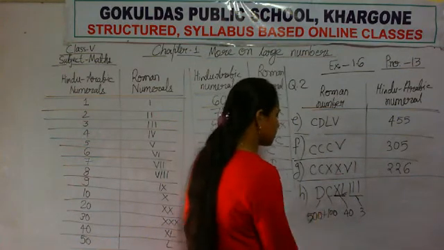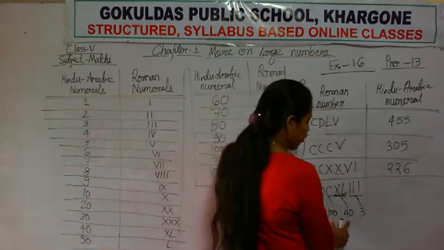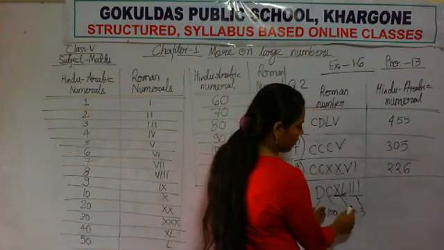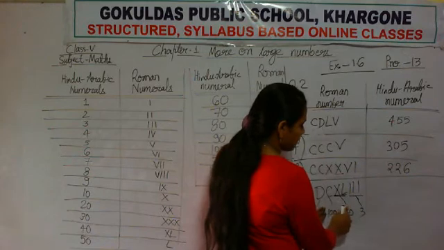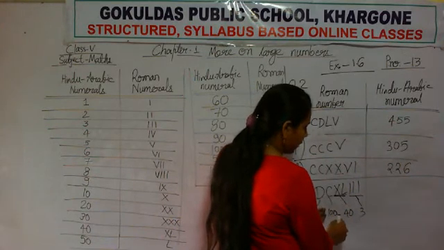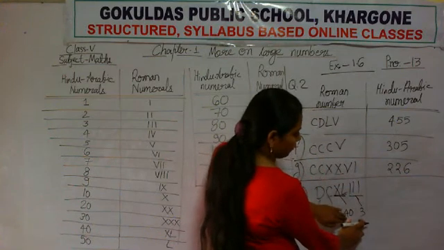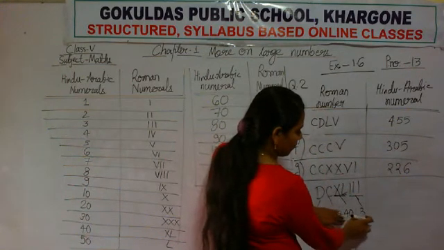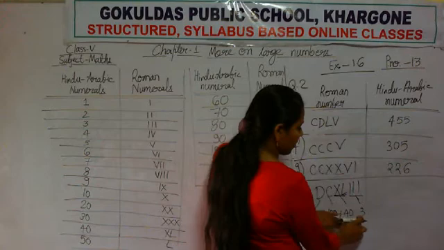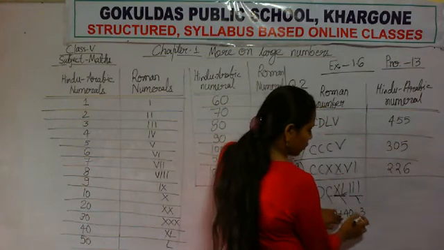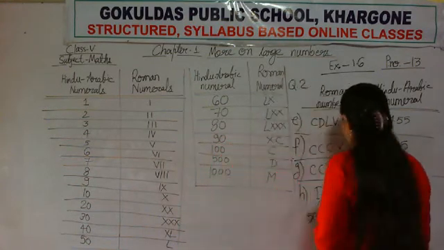100 is written right to the 500. It means it shows addition. Again, the smaller number, that is 40 here, is written right to the larger number. It shows addition. Again, the smaller number, that is 3, is written right to the larger number. It shows addition.